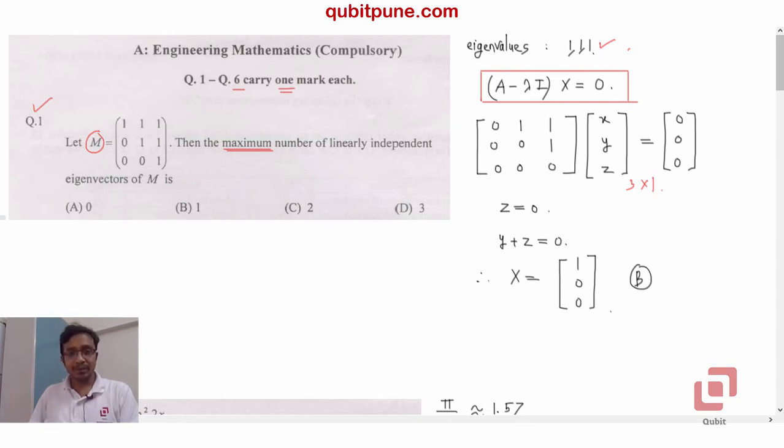We subtract the eigenvalue 1 from the diagonal elements, so we get 0 0 0 along the diagonal and 1 1 and 1 above it, and nothing happens to the remaining zeros below the diagonal.